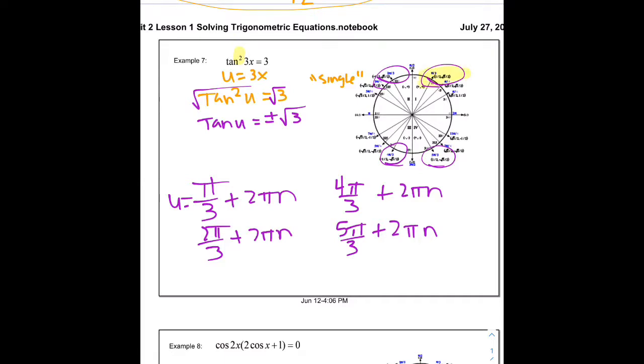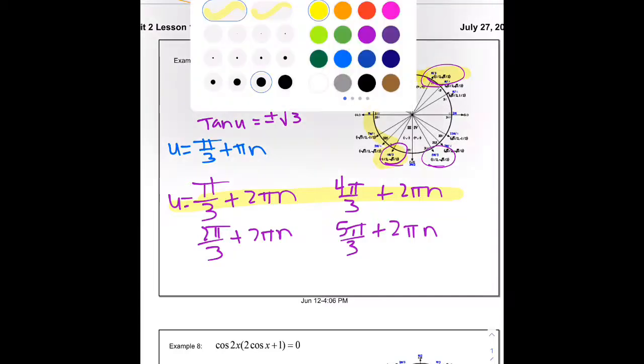Notice that pi over 3 and 4 pi over 3, they differ by pi radians. So I can cover these 2 statements by instead writing my general solution as u is equal to pi over 3 plus pi n. Furthermore, if you look at 2 pi over 3, let's go do a different highlighting color.